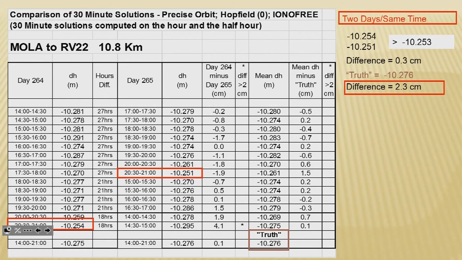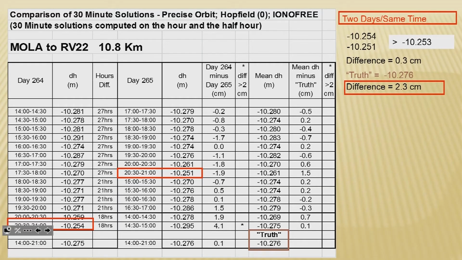You have these 2 points roughly 11 kilometers apart, and they were observed on 2 different days. Let's look at day 264, for example, from 2 o'clock until 9 o'clock at night. That's 7 hours worth of data. That's a lot of GPS data. 2 different days, same amount of time.